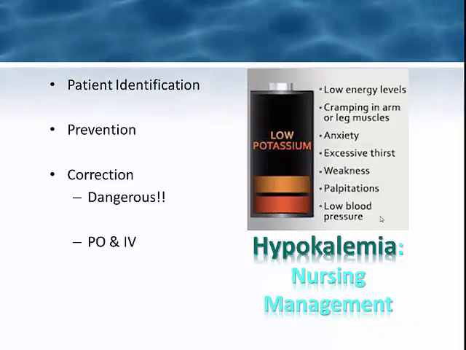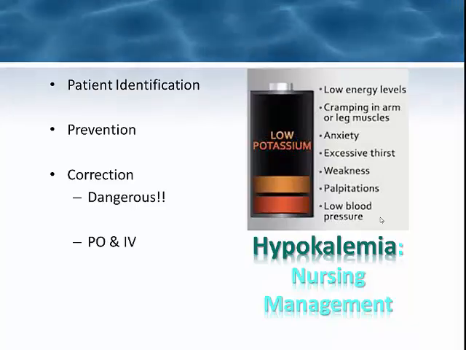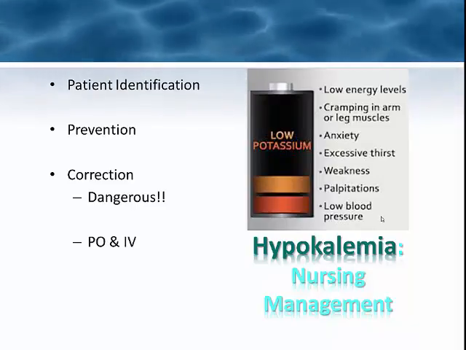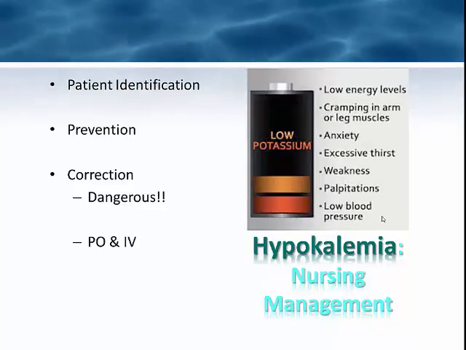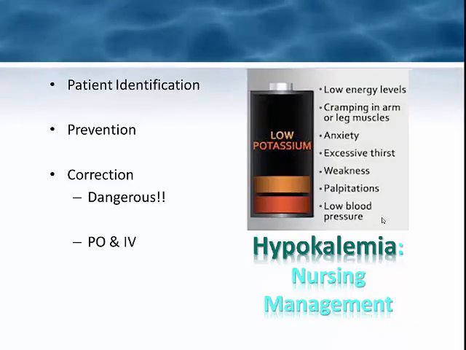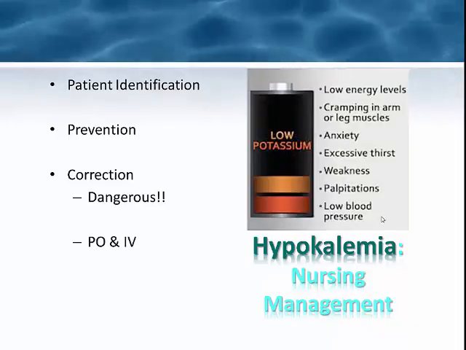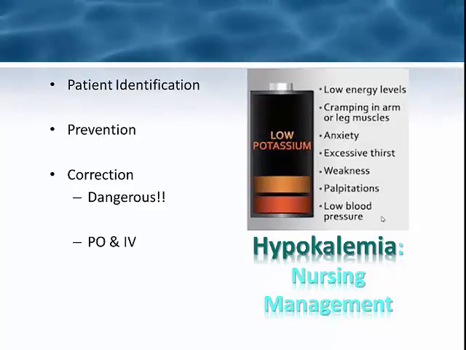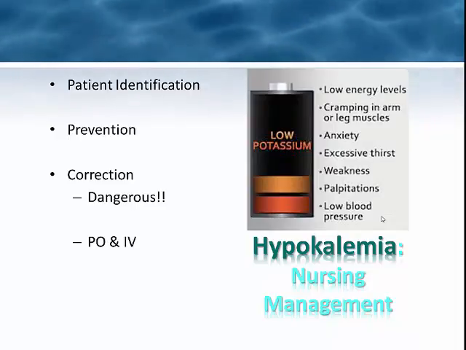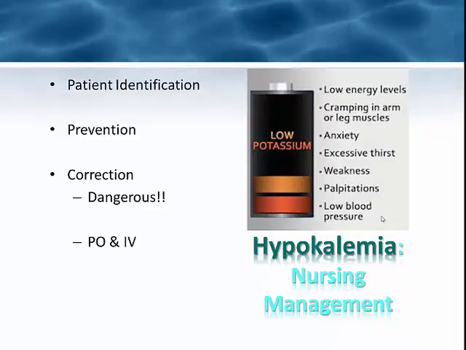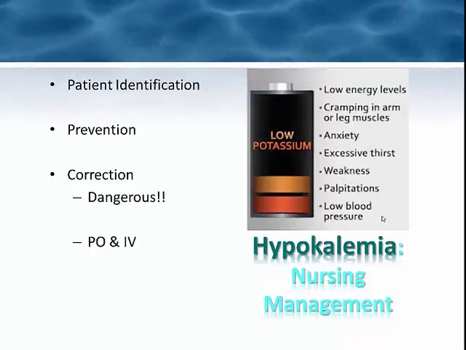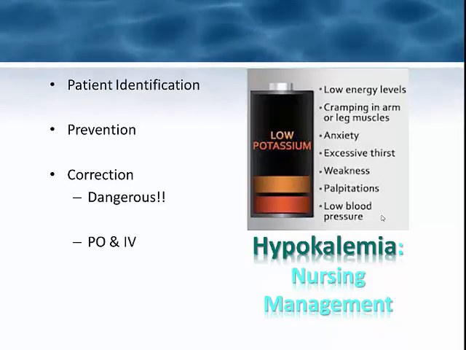Encourage PO intakes. Educate your patients about their diet, laxatives, and diuretic use. And again, if you're correcting potassium or hypokalemia, when you're giving IV, it should be in an ICU. And remember, before you can give your patients potassium through an IV, you must make sure that their kidneys are working correctly, because normal urine output must be there in order to prevent the serum potassium from rising dangerously too fast.